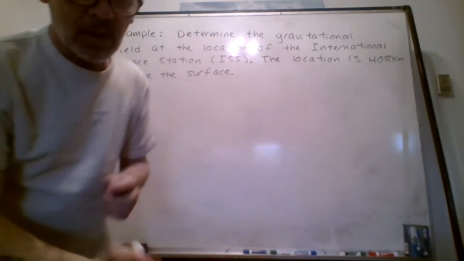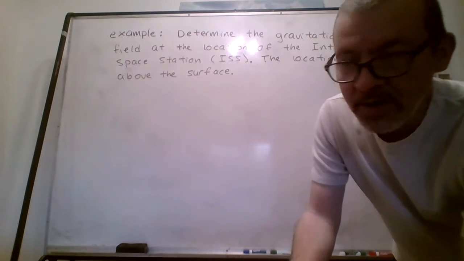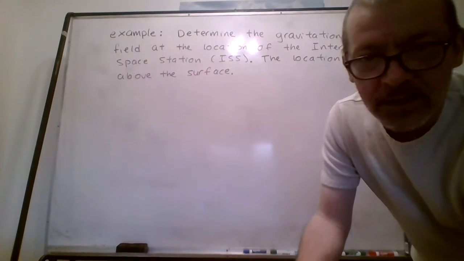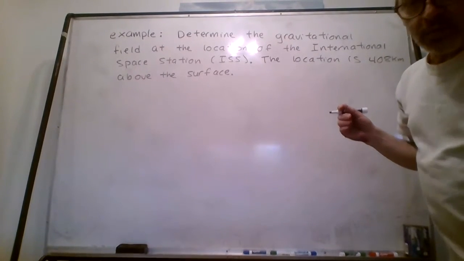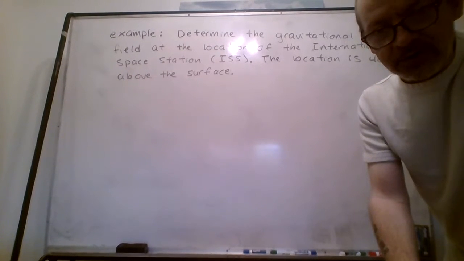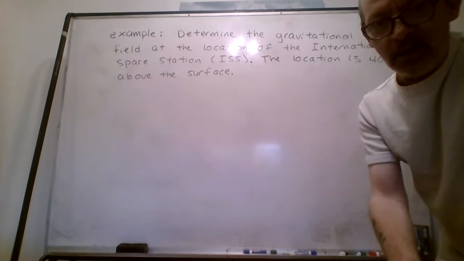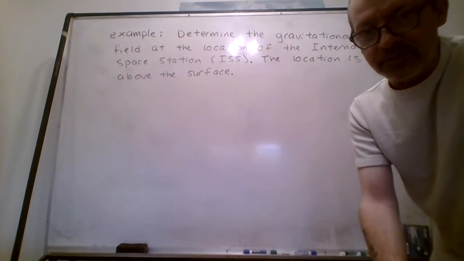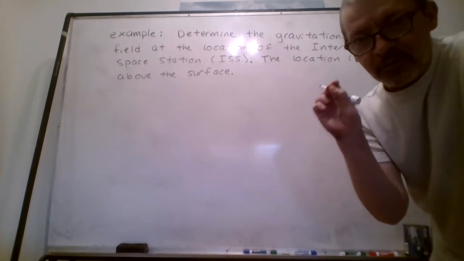A couple of things to note right away. That number 408, we won't on its own put into a formula. That's called an altitude, which is a distance above the surface. In all of our formulas moving forward, it's always a center distance, always from the center.